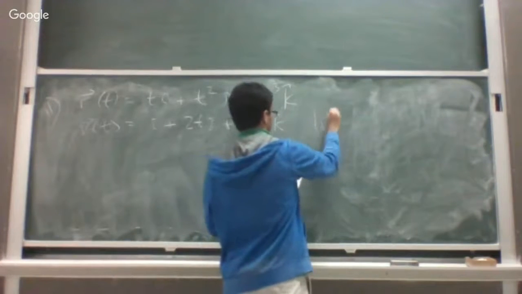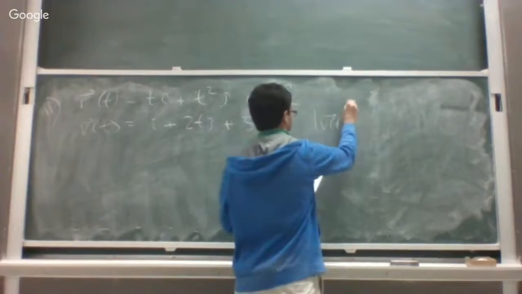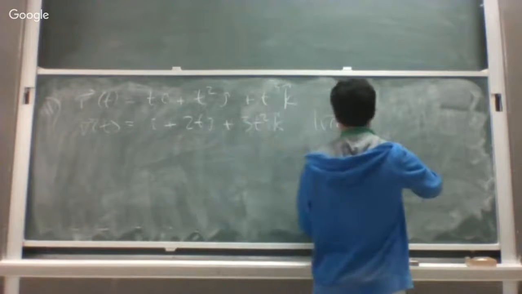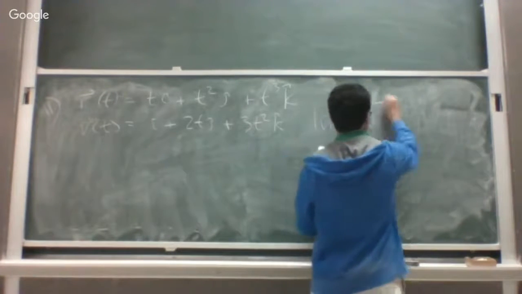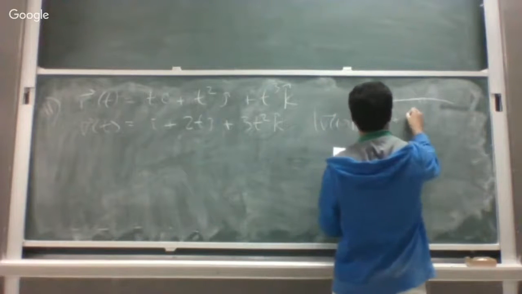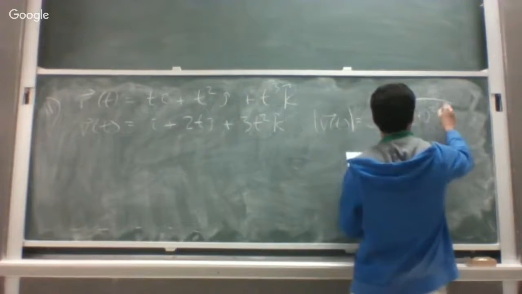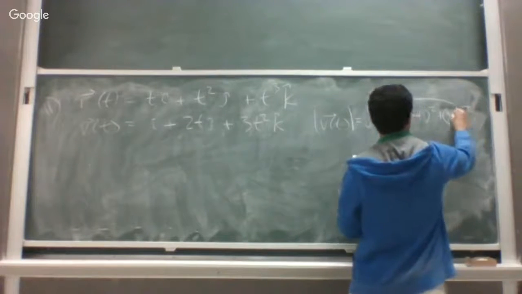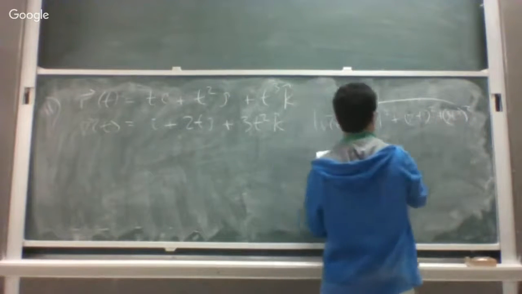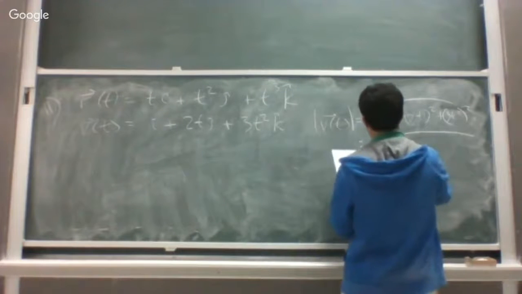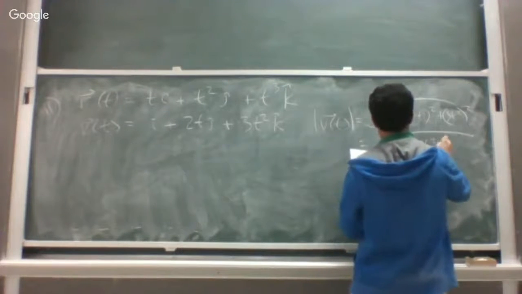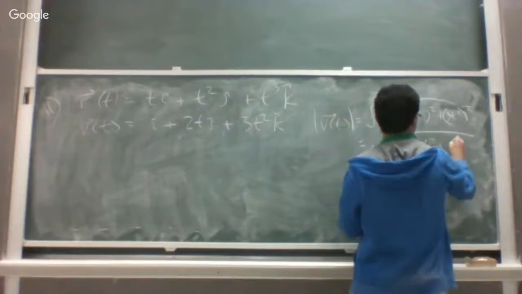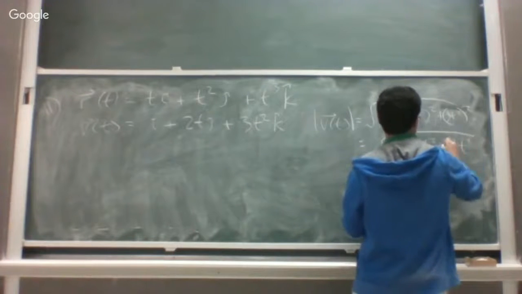The magnitude of the velocity vector is the square root of 1 squared plus (2t) squared plus (3t squared) squared. So we have the square root of 1 plus 4t squared plus 9t to the fourth.